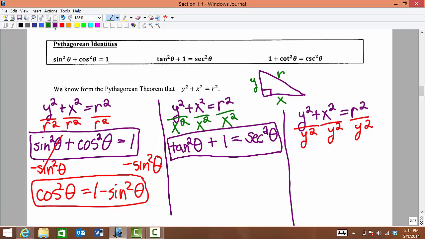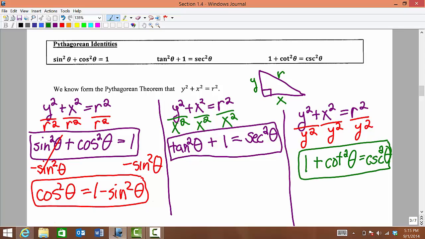If I divide everything through by y squared, y divided by itself would be 1, plus x divided by y would be cotangent, that's cotangent squared, is equal to, and then r divided by y would be cosecant, and that would be cosecant squared theta. So this is where we get our Pythagorean identities, and this is why we call them the Pythagorean identities because they come from the Pythagorean theorem and our trig function definitions.